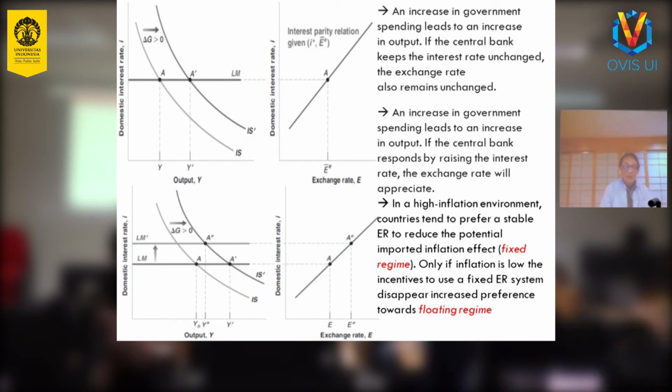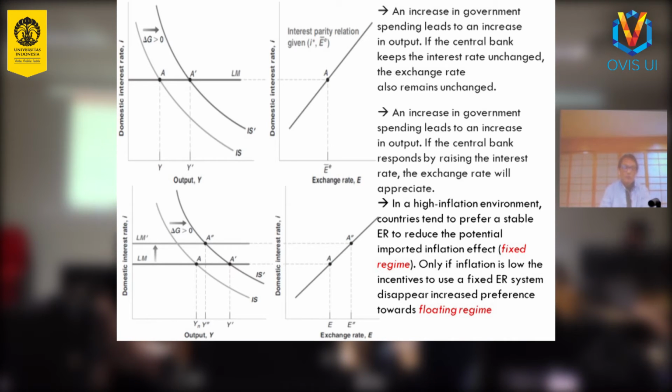But at the same time, now also the government shifted the IS curve. So in a way, you combine monetary and fiscal policies here. The monetary policy is reflected by the increase of the LM curve, and the fiscal policy is reflected by the rightward shift of the IS curve.